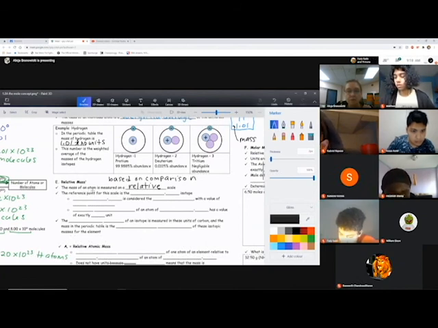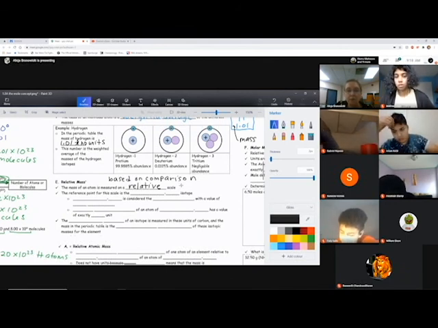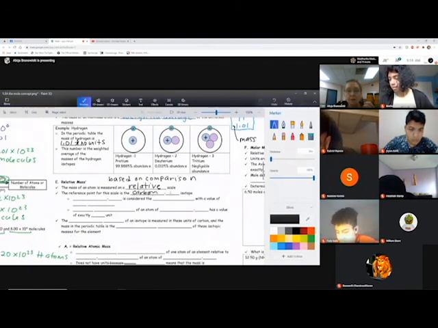So to measure the mass of an atom on a relative scale, I need something to compare my atoms to. That's called the reference point, what you're comparing your atoms to get a sense of their mass. The reference point for this scale is the carbon-12 isotope.